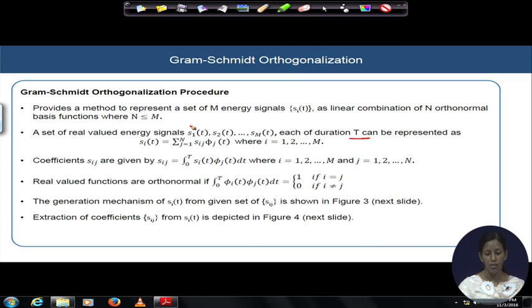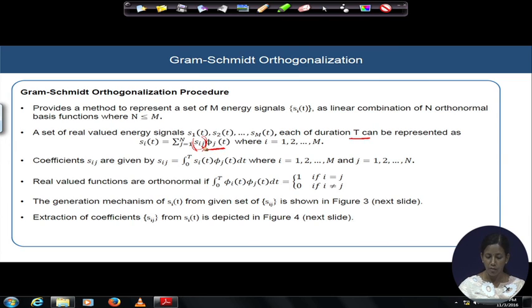By the Gram-Schmidt orthogonalization procedure, each of these signals si(t) can be represented by this equation, where sij is the coefficient and phi j is the orthonormal basis function. So, each energy signal is represented in terms of coefficients and orthonormal basis functions.